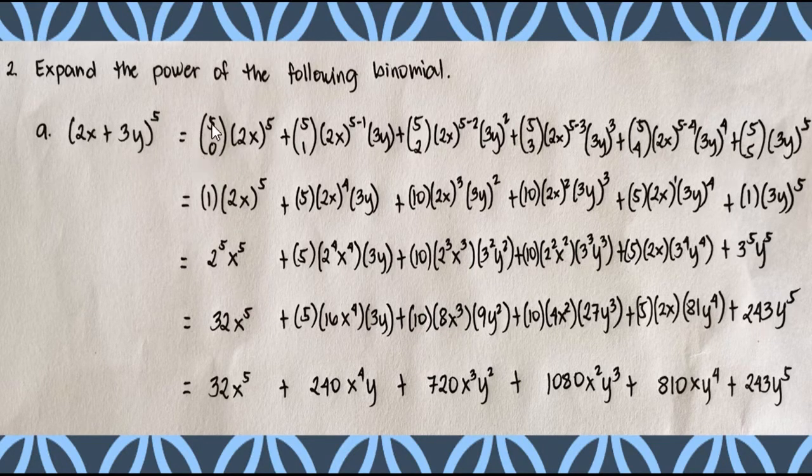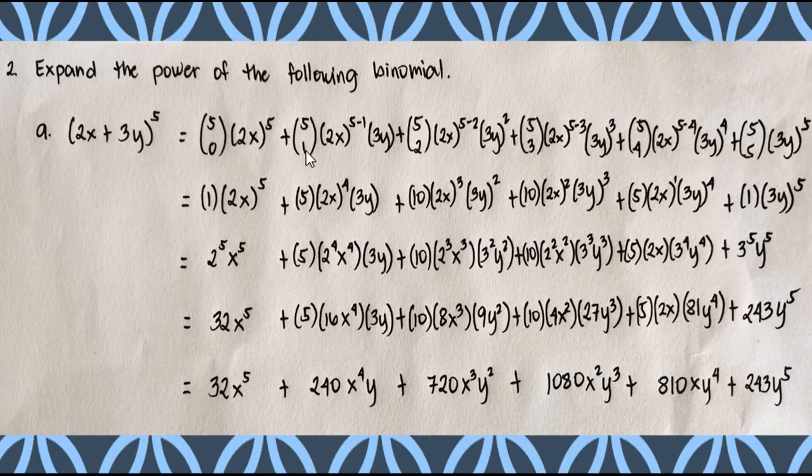And then, multiplied to A, which is 2x. So, 2x quantity to the power of 5. Okay, 5, since that is the n in our formula. Plus, we have here 5 taken 1 at a time times 2x to the power of 5 minus 1.